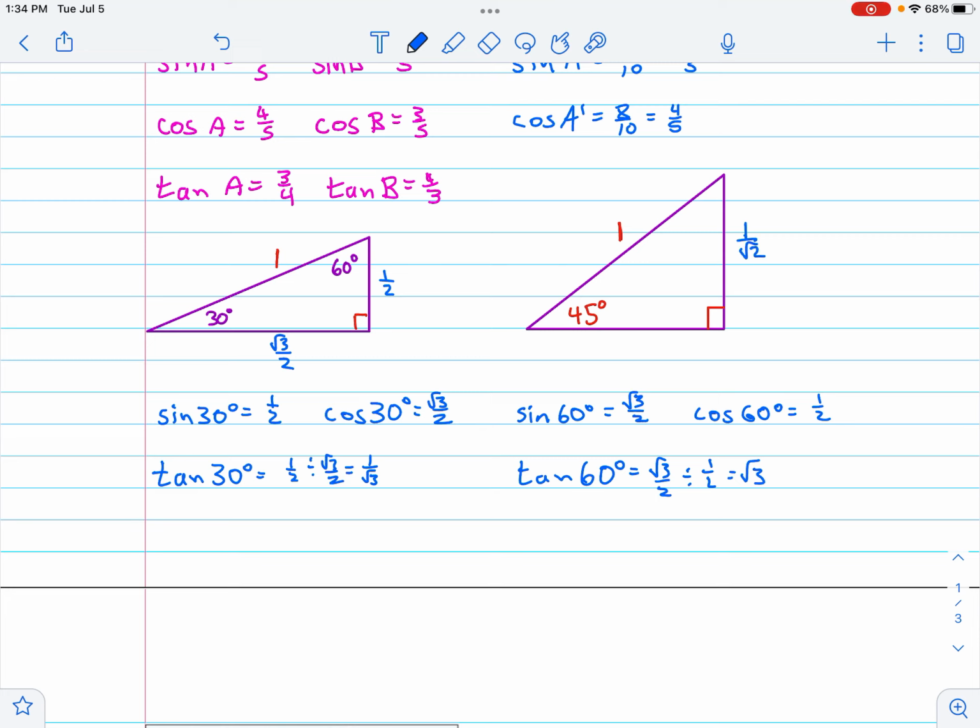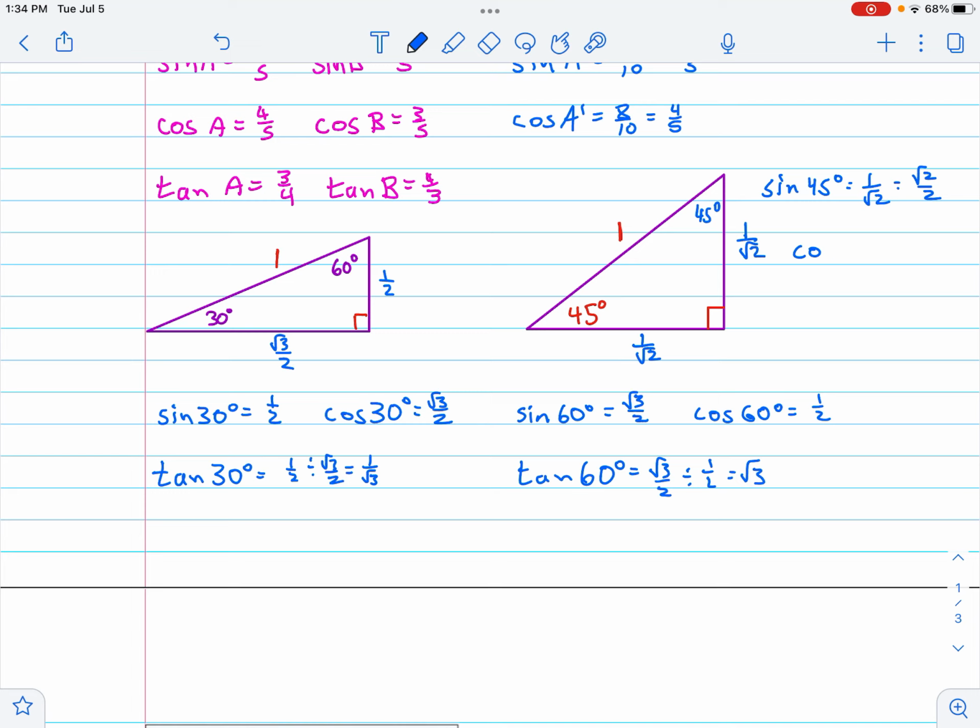Remember, it's the hypotenuse divided by the square root of 2. And this down here is going to be the same, because it's 45, this is 45 degrees up here as well. So the sine of 45 degrees is 1 over the square root of 2, or, if you rationalize it, square root of 2 over 2.